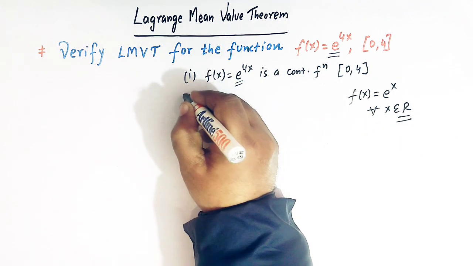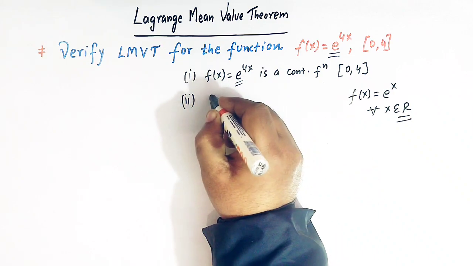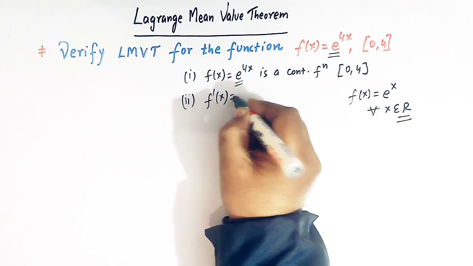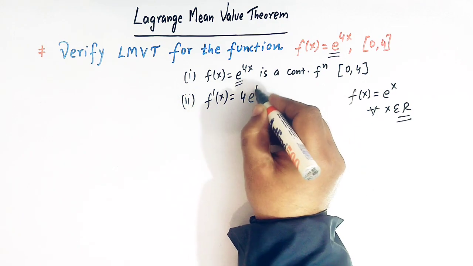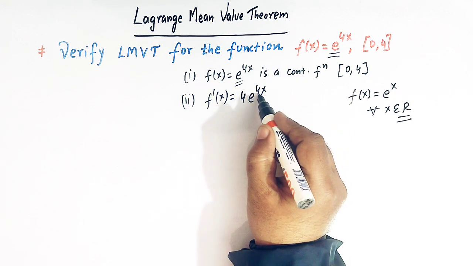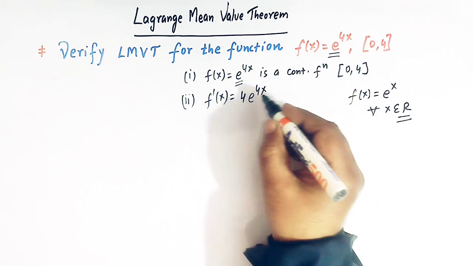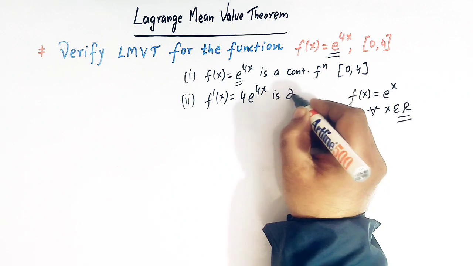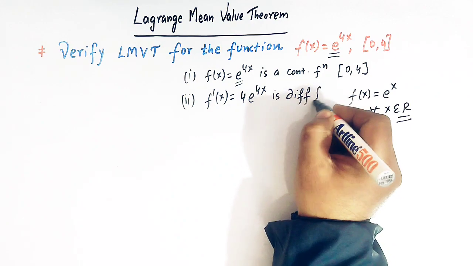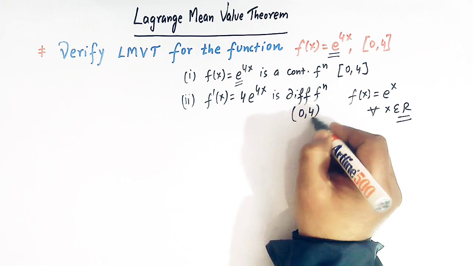Okay, now let us differentiate this function f of x. So f prime of x is given by 4 times e raised to 4x. The derivative of e raised to 4x is 4 times e raised to 4x, and we can easily see that this function is a differentiable function in the open interval 0, 4.